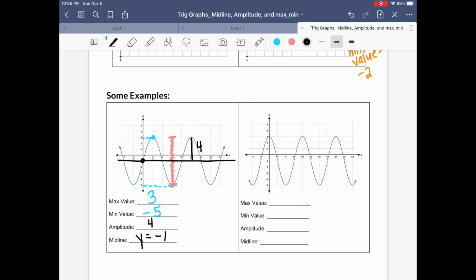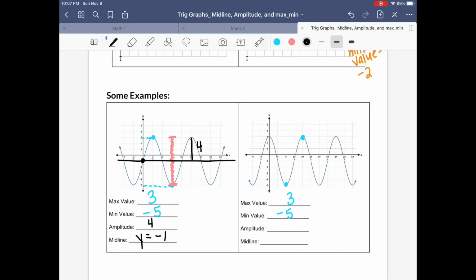Okay. All right, so for this next one, you can see that this wavelength has shifted over. So it looks very similar. There are some unique changes to it. However, you can still see that there are some similarities here. So we can still see that there's a maximum value at +3 and a minimum value at -3.